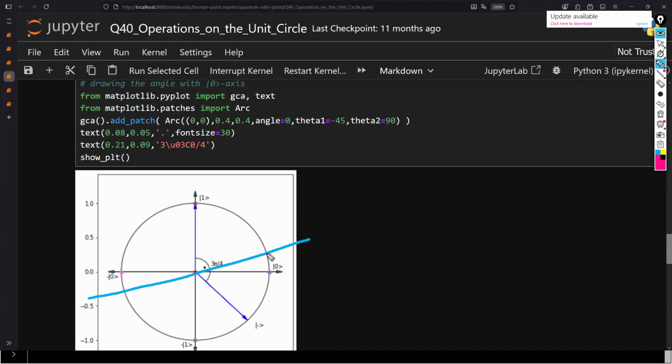What we do here is draw an arc prior to our gate, and then we copy the arc on the other side, and we arrive at the plus state if we start from the state 0.